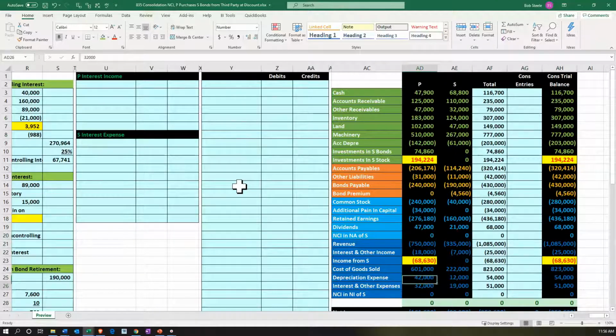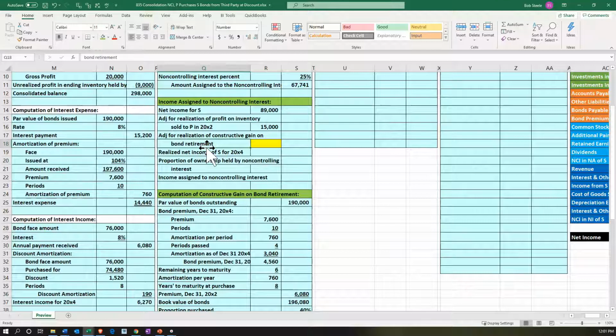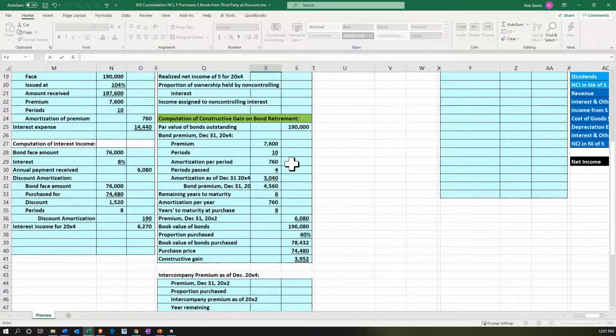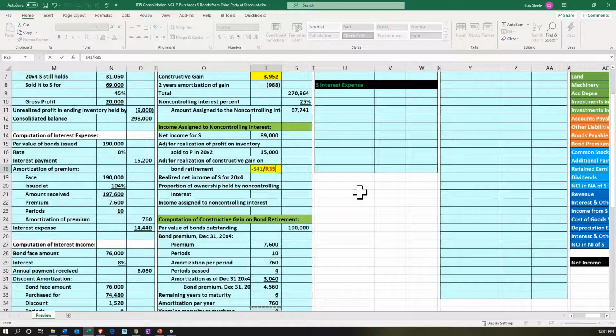Now let's consider this number. What do we expect this number to be? We had the same or a similar type of adjustment here, for the realization of constructive gain on bond retirement. Similar kind of calculation: I want this to be a negative of this number, divided by the number of periods, 8 remaining, and that's going to be the 494. Then we have the realized net income, which I'm going to pull out into the outer column.